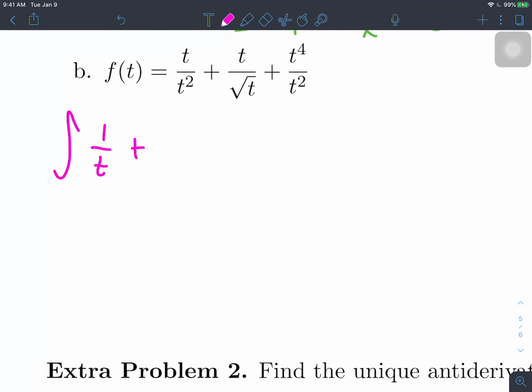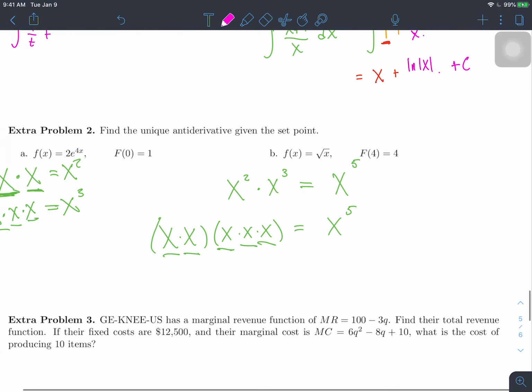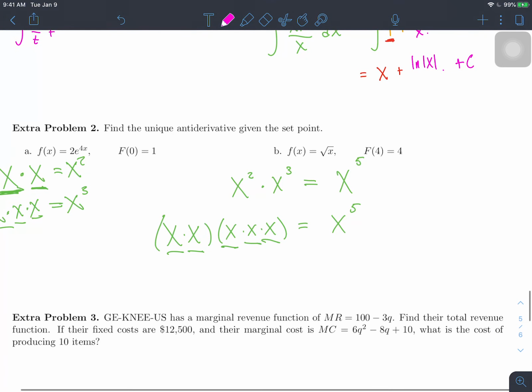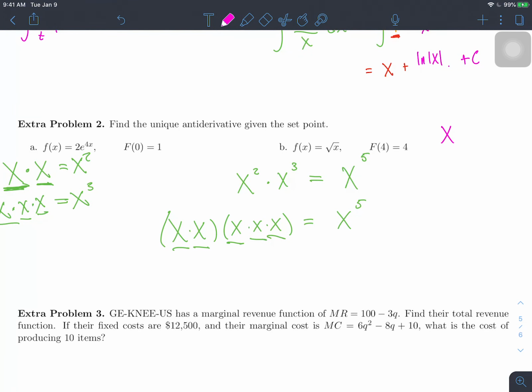All right, let's review something else then. If I have x to the a divided by x to the b, what do I do with the powers?